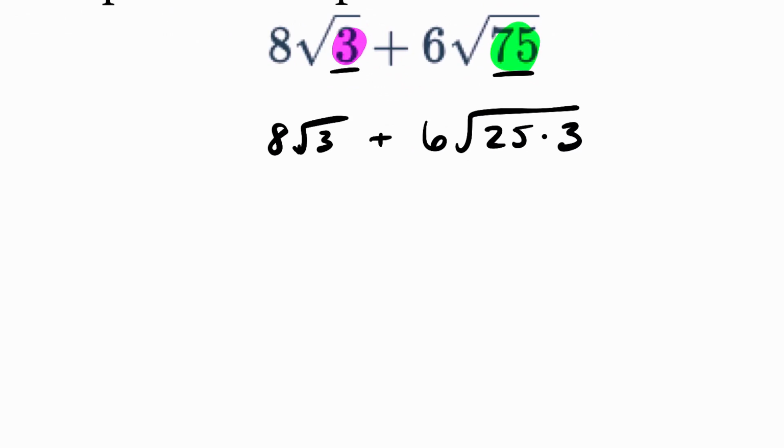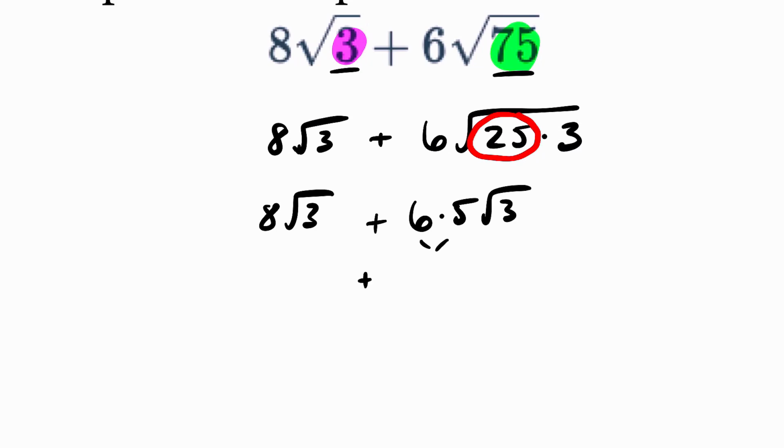Now this has a square root of 25, which is 5. So I can rewrite that as 6 times 5. The 3 has to stay in. Then I can multiply those two together to get 30.